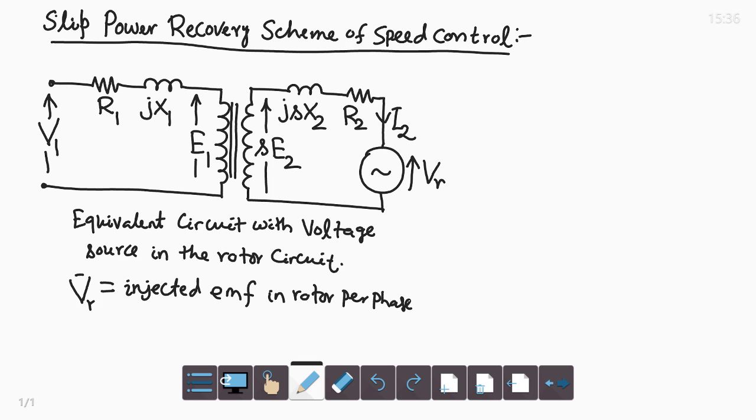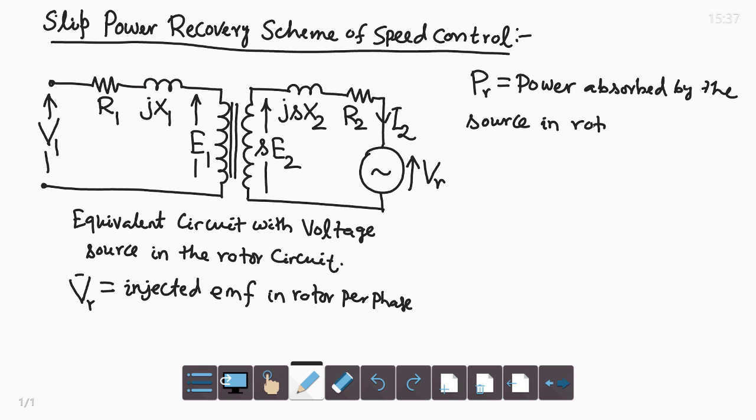You see, the voltage VR and rotor current I2 give some power, and that power is PR. PR is the power absorbed by the voltage source in the rotor circuit.